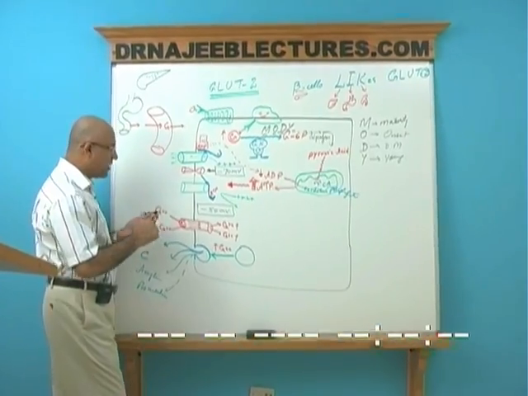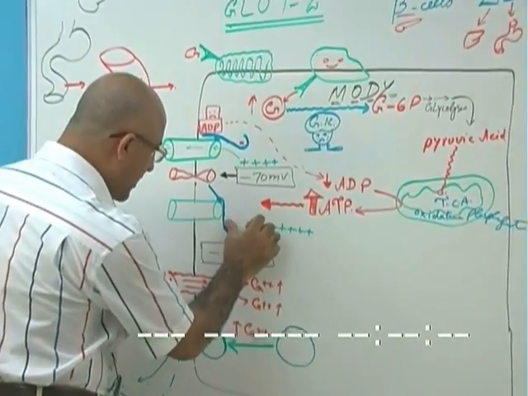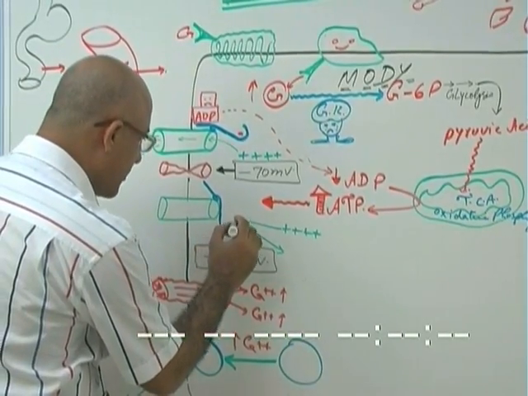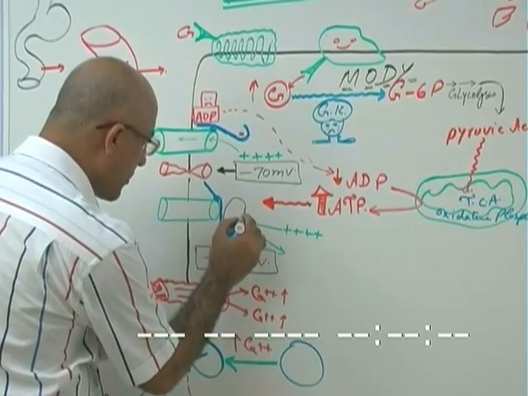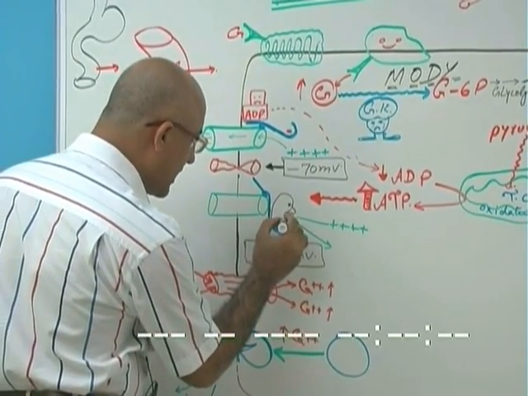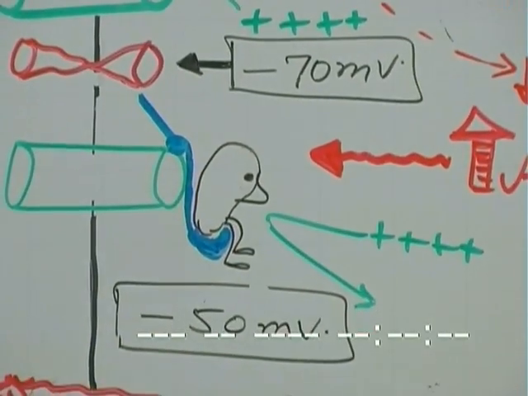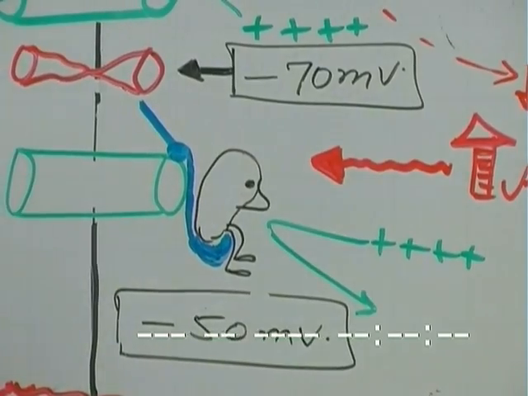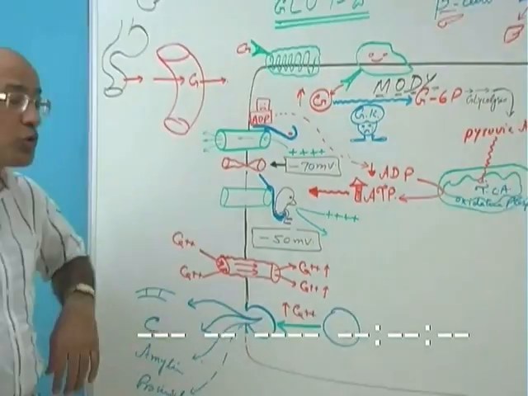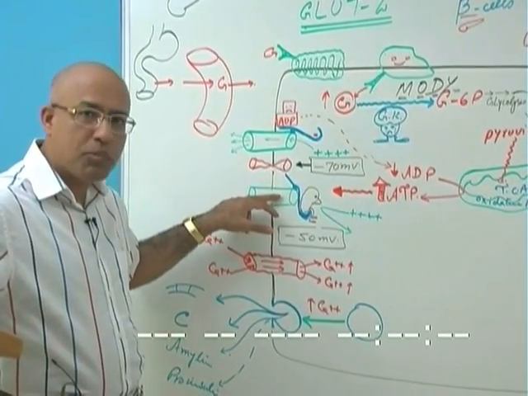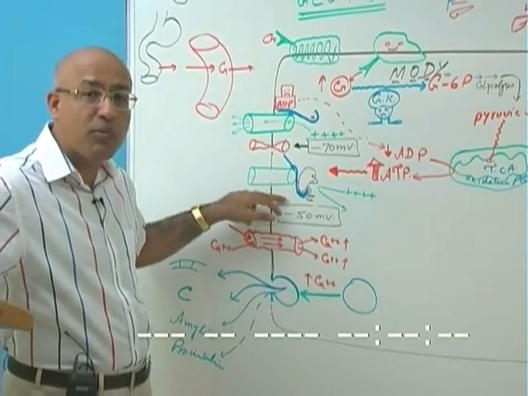If this drug is sitting here very happily, keeping these channels inhibited, this will be a very useful drug. You know why? Because some drugs can bind with the potassium channel and inhibit them, the way ATP binds.